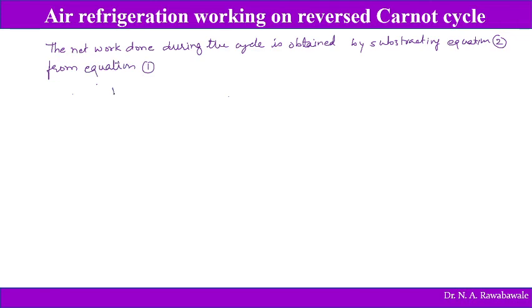So work done is equal to Q2 minus Q1. Q2 is nothing but T2 into S1 minus S4, minus Q1, which is T1 into S1 minus S4.